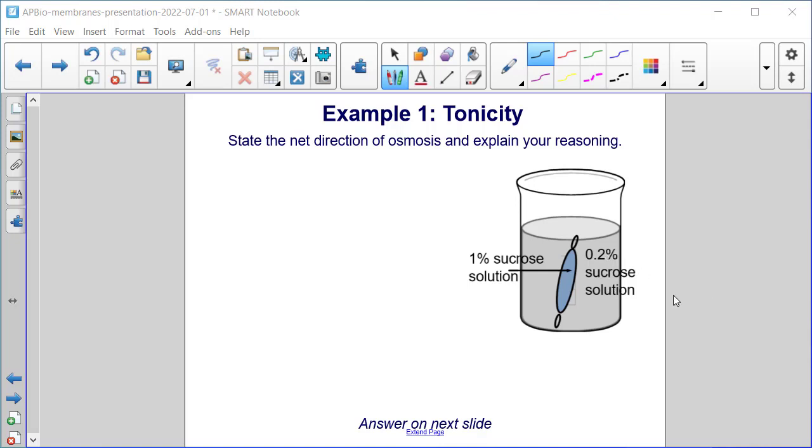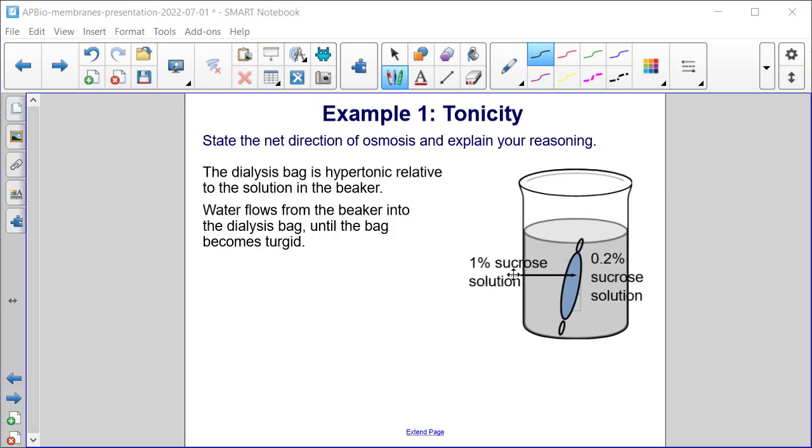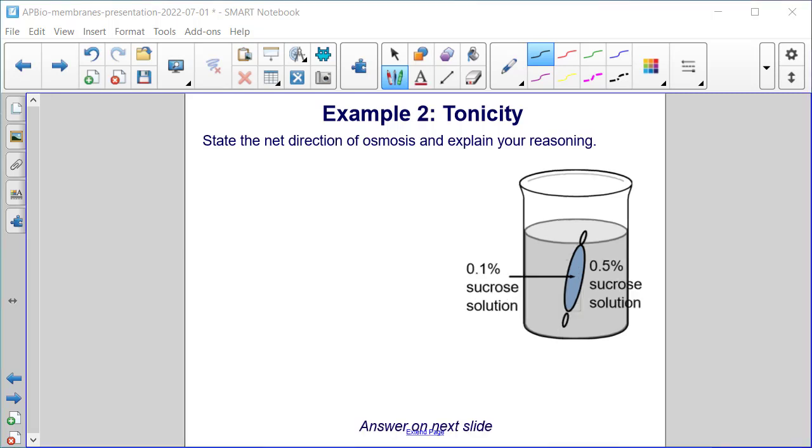So what will happen? In what direction will the water flow? At 1% sucrose, the dialysis bag is hypertonic relative to the solution of the beaker. So water will flow in the direction of the higher solute concentration, from the beaker into the dialysis bag until the bag becomes turgid.